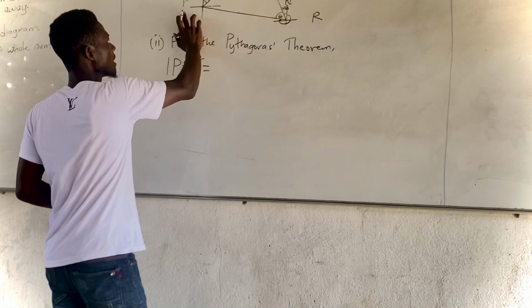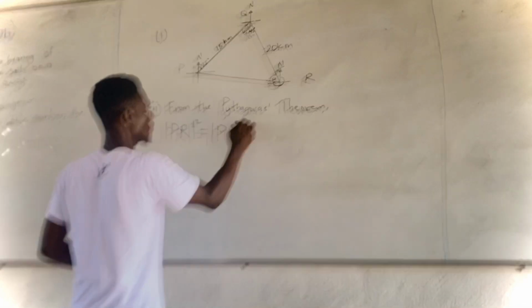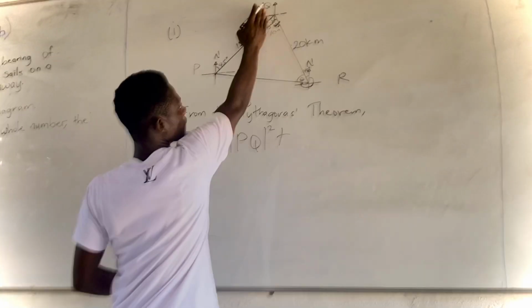The other two legs are the length PQ and the length QR.